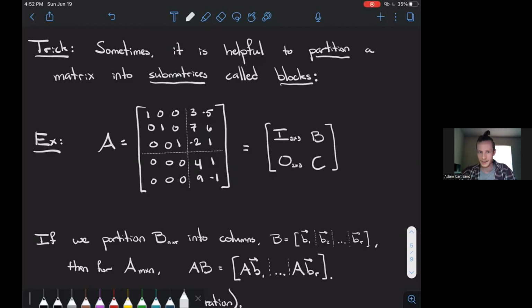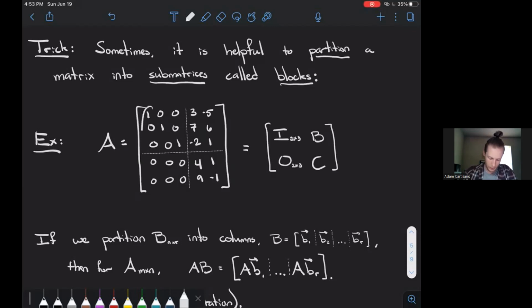And in fact, even in that analogy with multiplication of numbers, after a while you start to look for little tricks, right? When you're doing your multiplication, you try to simplify the computation, break it into some smaller multiplication problems. That's exactly what we're doing here, partitioning the matrix into a bunch of submatrices called blocks.